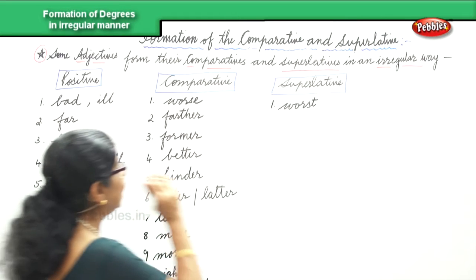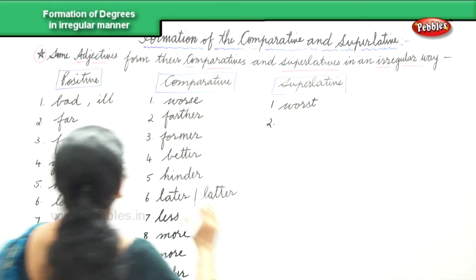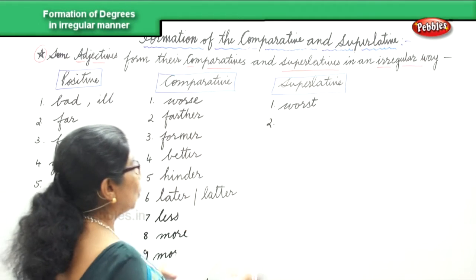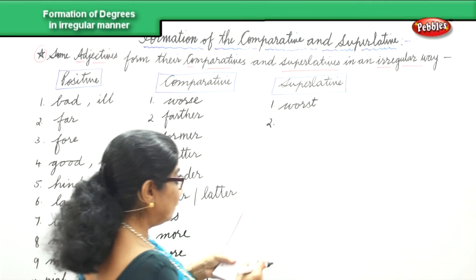Okay, now let's see how the superlatives are formed. Bad, worse, worst. Far, farther, farthest.